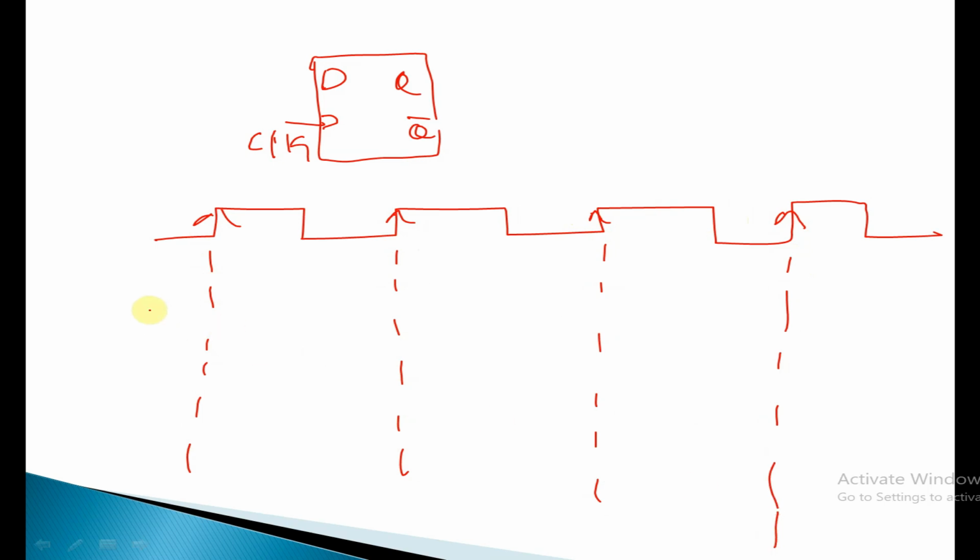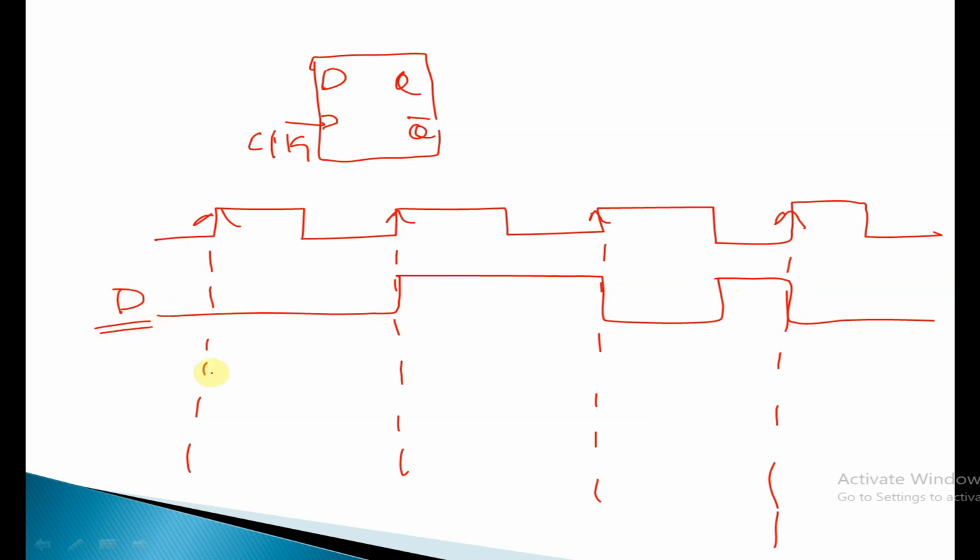These are my positive edges and this is my input D. This is my input pulse and these are my outputs. What happens if D is equal to 0? What is my output? And if D is equal to 1, what is my output?